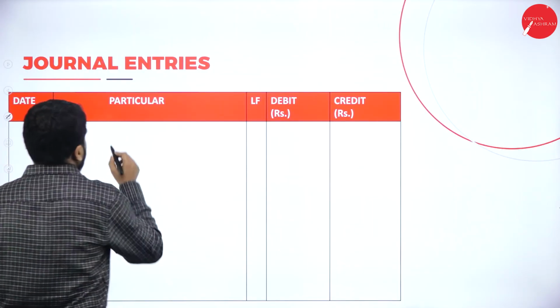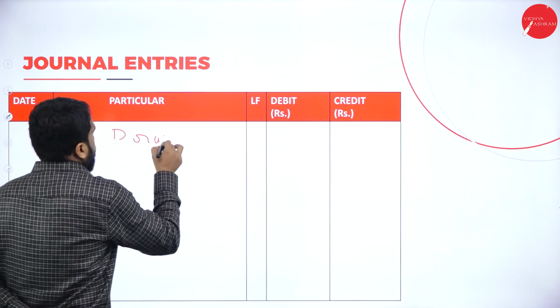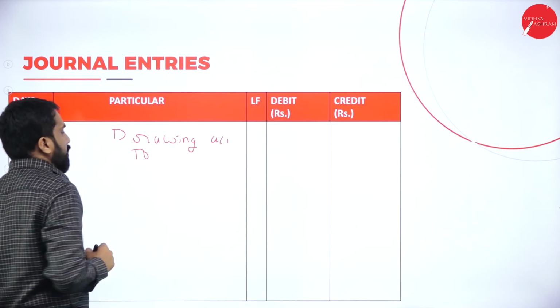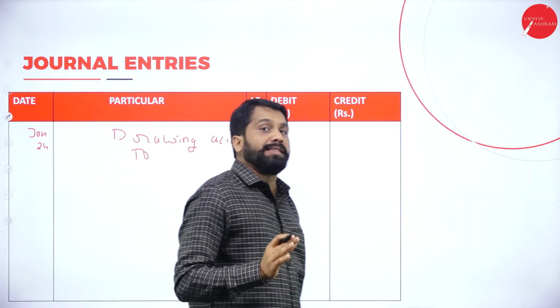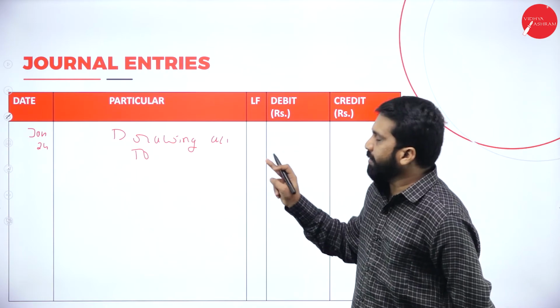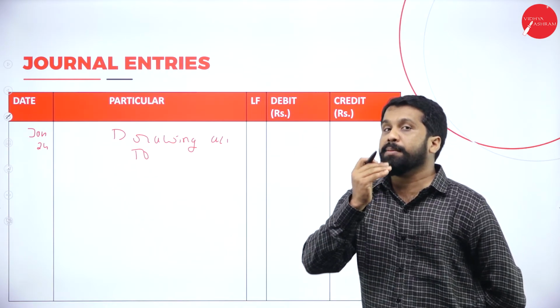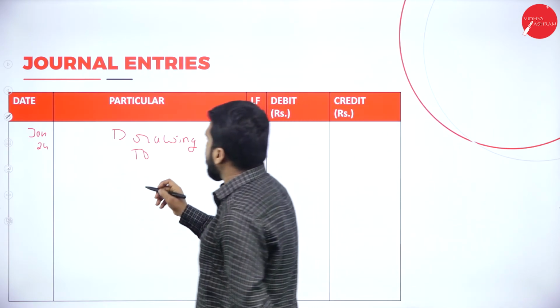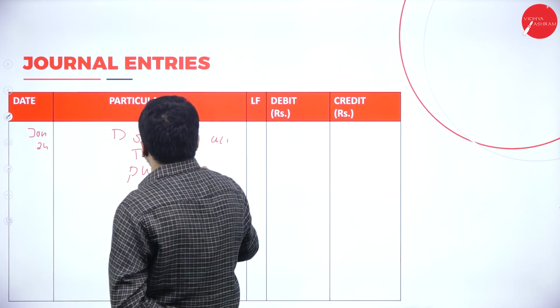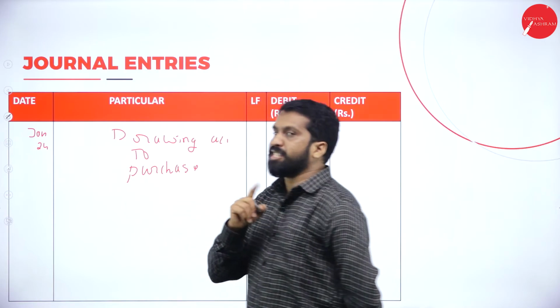January 24th. So we call it drawings account debit to. They have given what? It is not cash taken, it is goods taken. Remember, only in this case, purchases comes down. We can call it stock also, or else we can take it as purchase. Purchase is always up as per the logic.